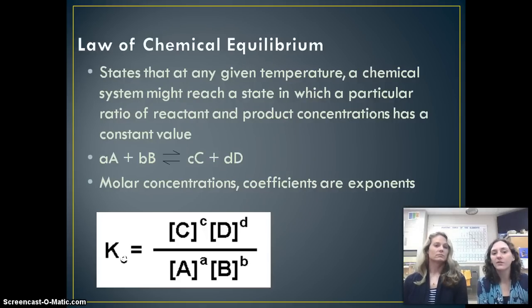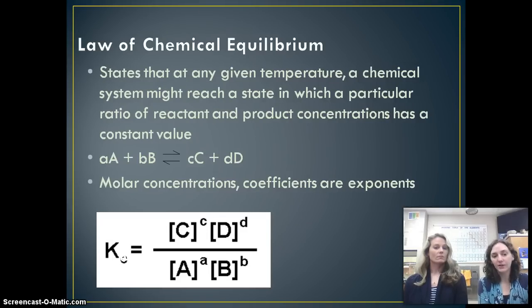Now, the law of chemical equilibrium states that at any given temperature, a chemical system might reach a state in which a particular ratio of reactant and product concentrations has a constant value. That's a lot of words. Yeah. It's just comparing your reactant and product concentrations. But here's your general equation. In your notes, it says write the general chemical equation.